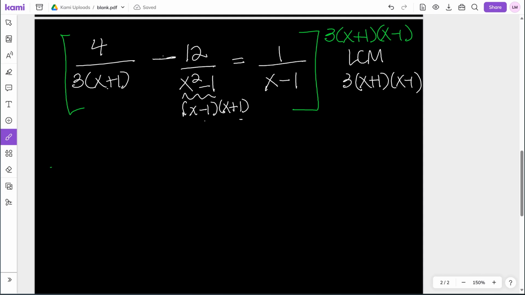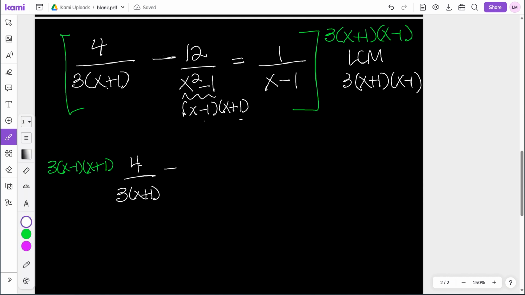So 3 times x minus 1, x plus 1. I wrote it the other way, it doesn't matter. Multiplication is commutative. So I'm going to multiply that by 4 over 3 times x plus 1.